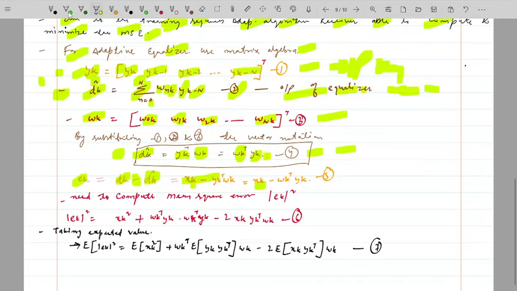So we get the error signal, and we need to compute the mean square error of this error signal. So here we take the mean square values, the absolute values.